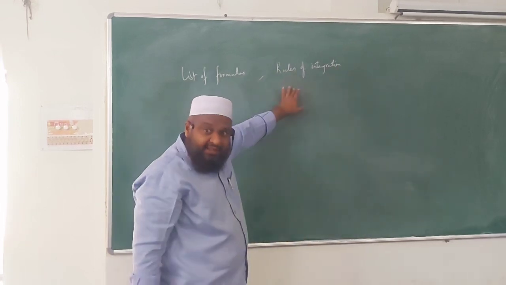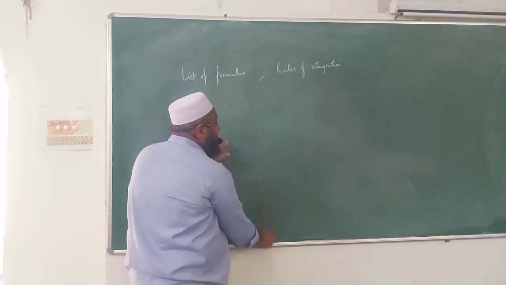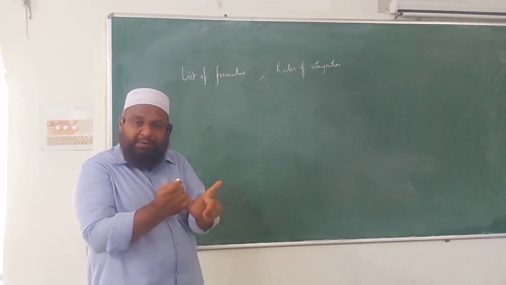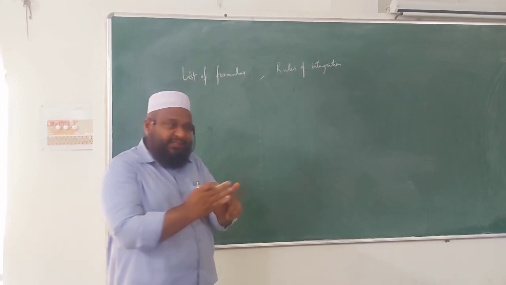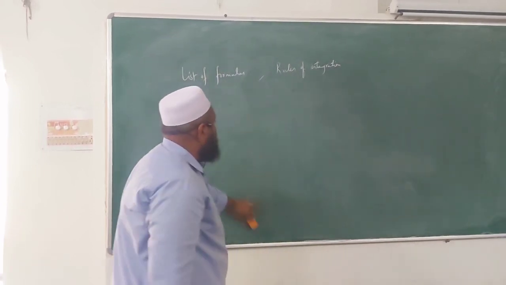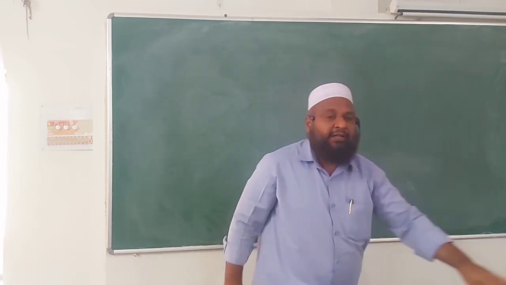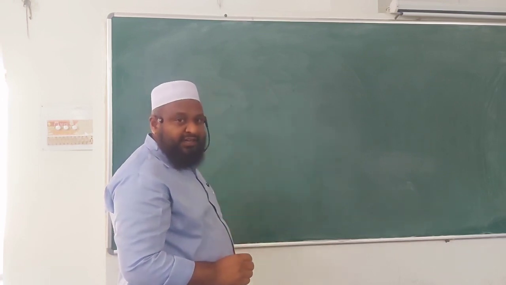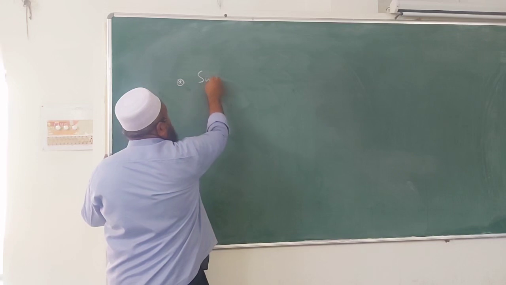Using the rules and the list, you can derive the integrals for so many functions. What is my conclusion? You need to remember the rules and also the list. Once you remember these two, you can find the integrals of any function actually. The first rule comes here, that is the sum rule.